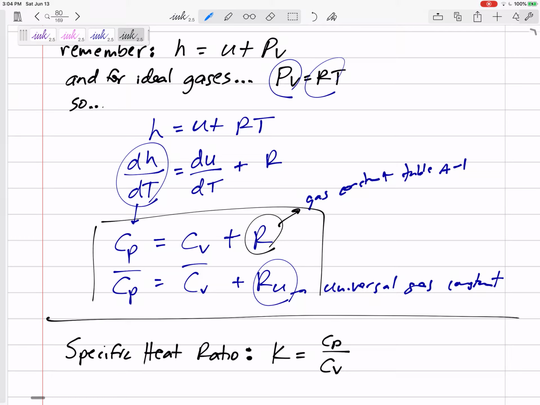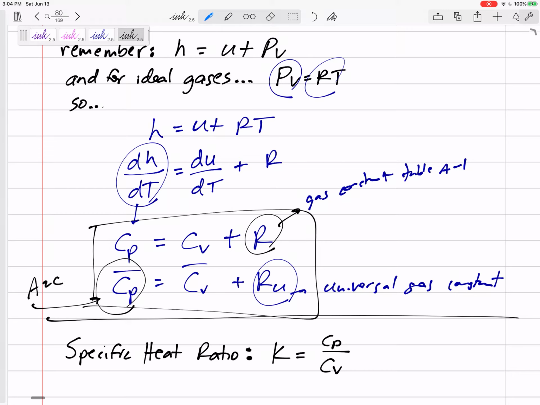So why do we have that? Well, maybe you know Cv. In order to get Cp, you just add R to it. But where we really might use it is table A2C, which will only give a Cp bar, but we can change it to Cv bar by the universal gas constant.